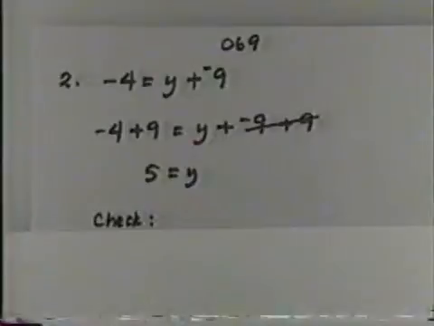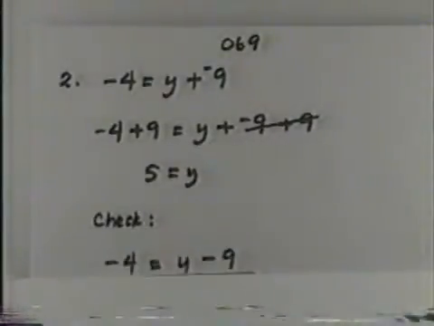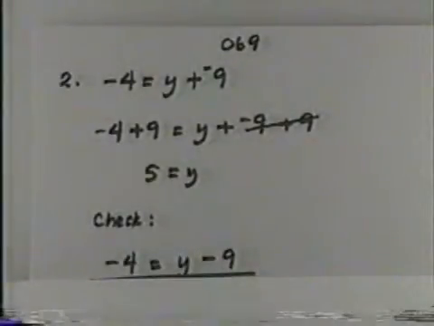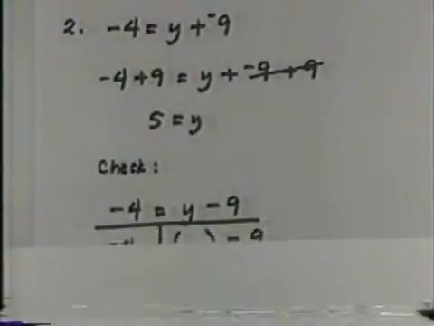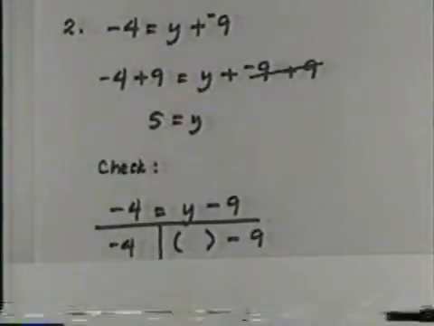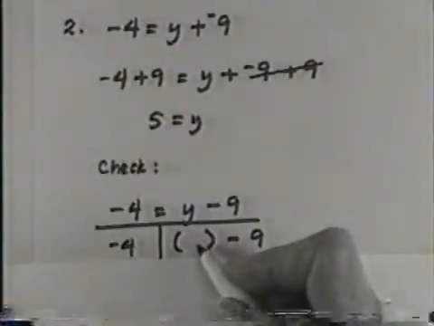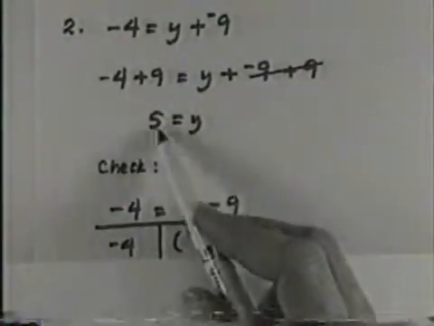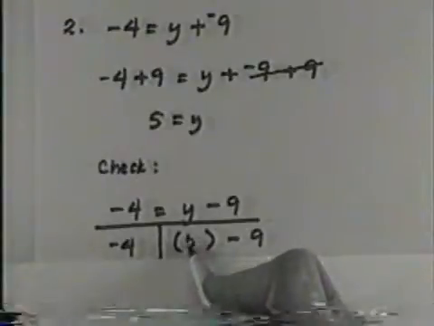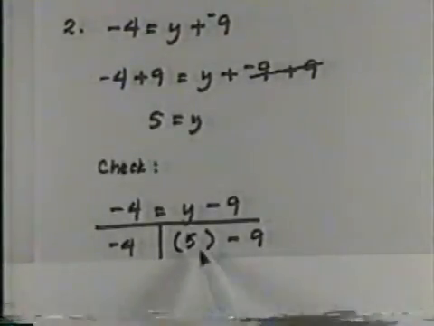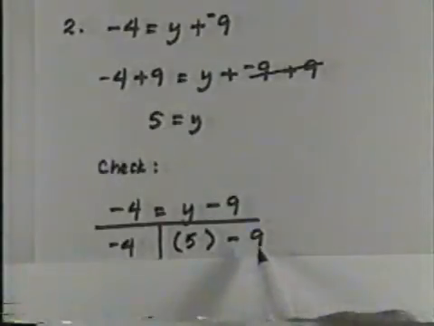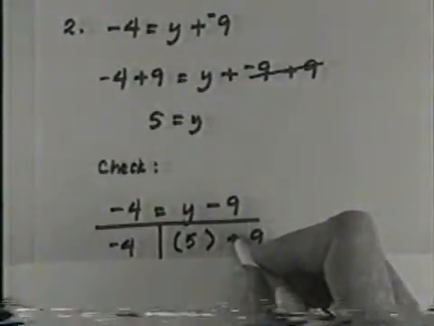To check this one, we'll do the same thing as usual. We'll copy the equation, fill in place of y, the parentheses, and then inside the parentheses insert the number 5. On the right-hand side then we have 5 subtract 9, which is the same as 5 add -9.